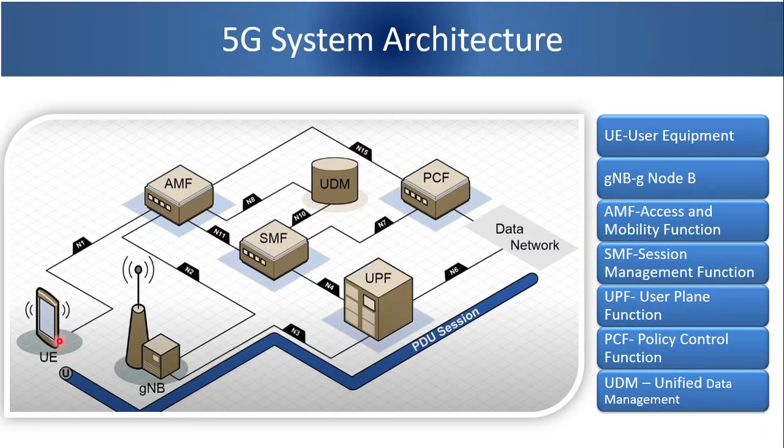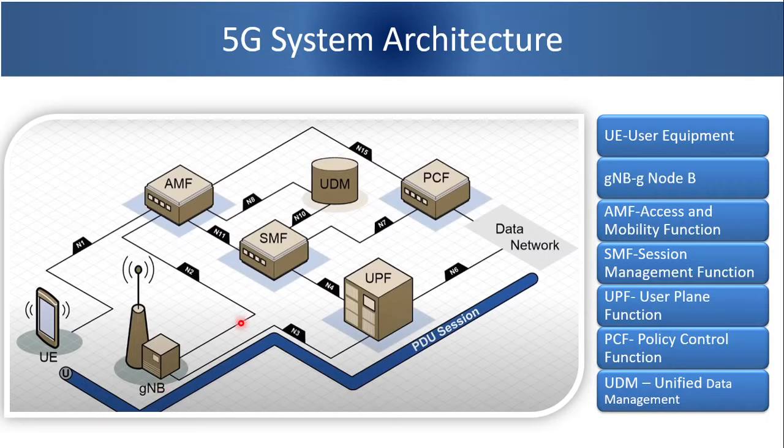It could be a mobile phone, it could be any kind of device or machine or sensors. Onto the radio side, RAN, radio access network, which is also called new radio or NG-RAN, and we also call it gNodeB. In 4G we used to call it eNodeB, here we call it gNodeB. G stands for next generation node B.